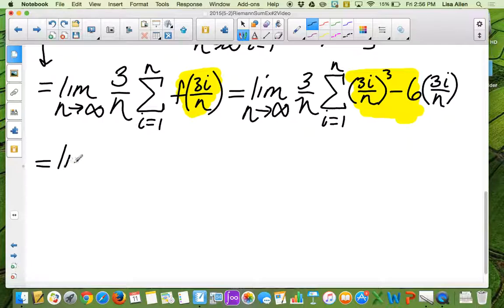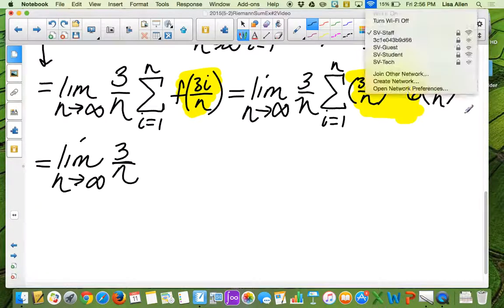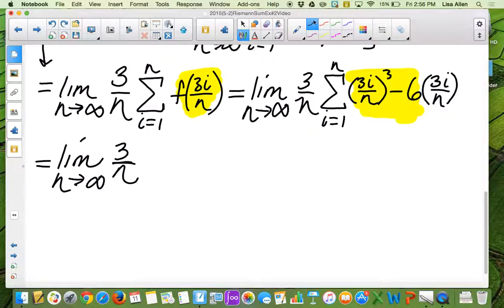Okay, now rewriting that expression, we have the limit as n approaches infinity of 3 over n times the summation, i equal 1 to n.